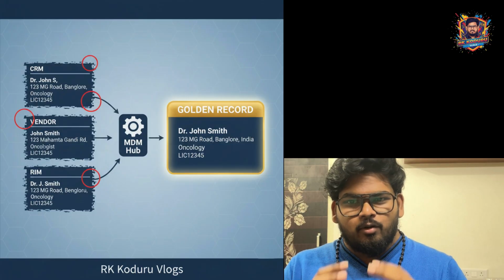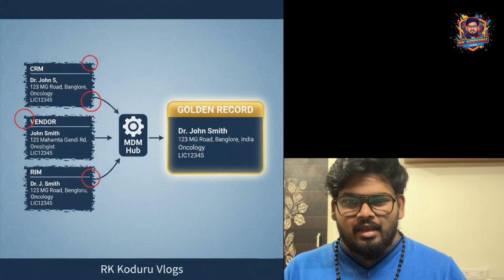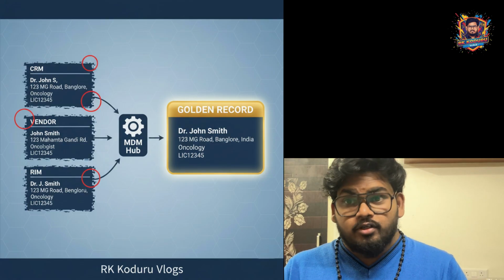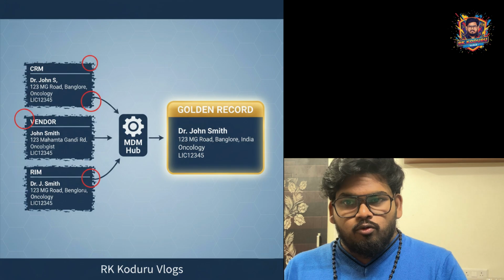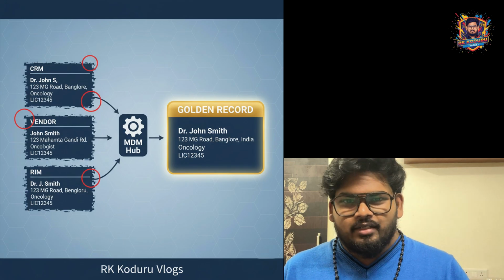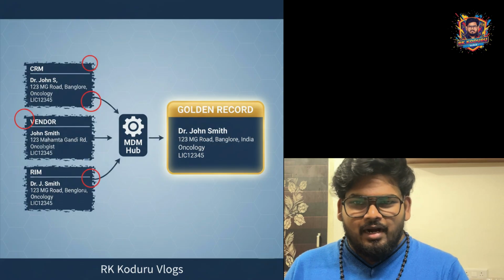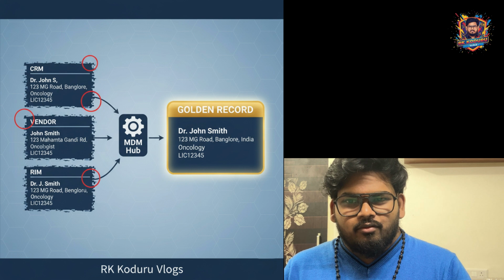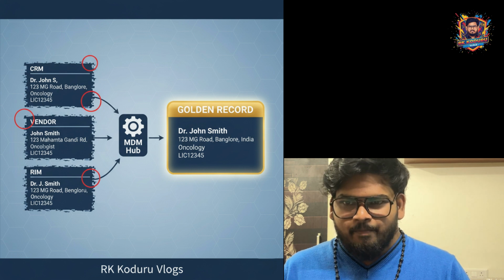What is the golden record? Simply put, the golden record is the single consolidated authoritative version of the truth for a specific entity, whether it is an HCP, HCO, address, product, or R&D data, whatever the data may be.